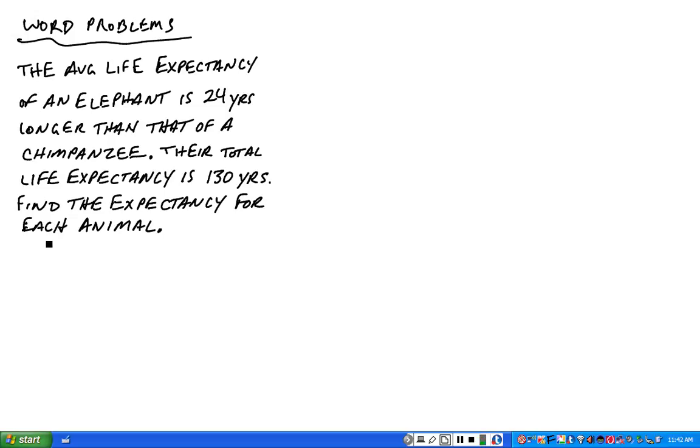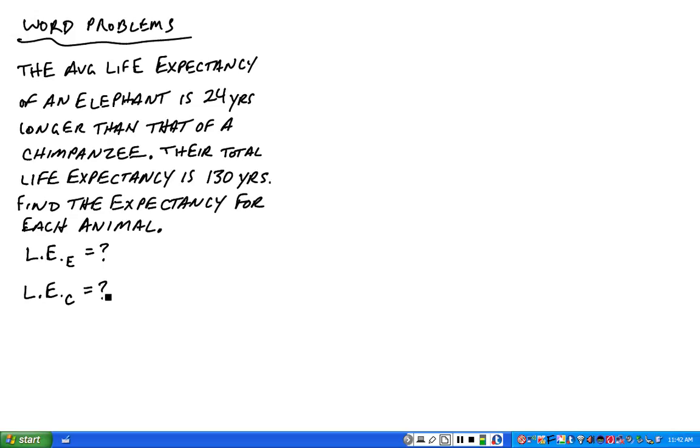So with word problems, I typically want to figure out, first of all, what are they wanting me to find? So in this case, they want to know what the life expectancy for an elephant is and the life expectancy for a chimpanzee. Alright, so at the end of the day, that's the information we're having to provide to answer this question.